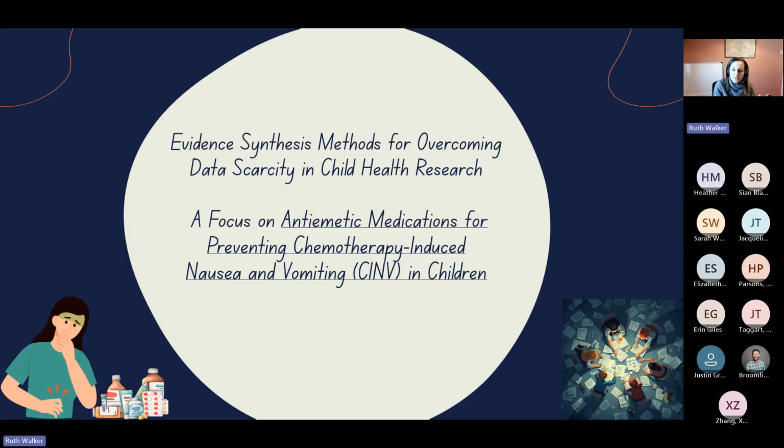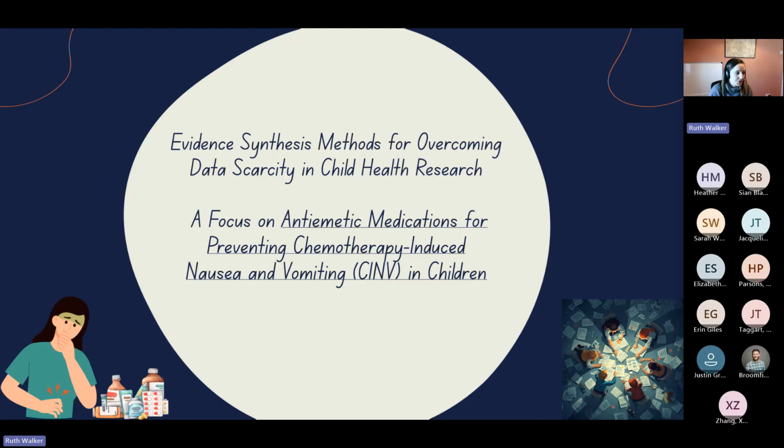So before I go into specifically which evidence synthesis methods I applied, I'm going to introduce the clinical area because I think this is going to better demonstrate why I applied the methods that I did. So I've been working within an area of supportive care in paediatric cancer. Supportive care is really the things around the treatment of the cancer itself.